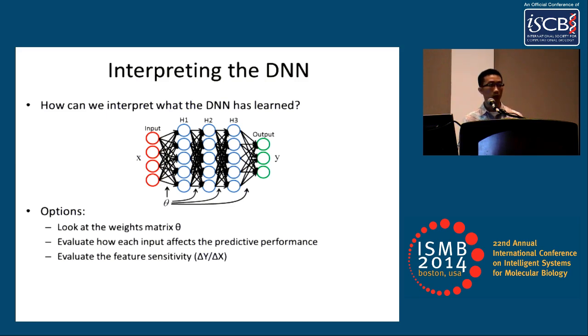You can evaluate how each of the inputs changes the model performance. That's easy to do. And you can also evaluate the feature sensitivity. So you calculate del y, del x, and you can look at how changing each input changes the output. But the criticism is that you're looking at each input individually, and so you might not be able to account for interactions between the inputs.